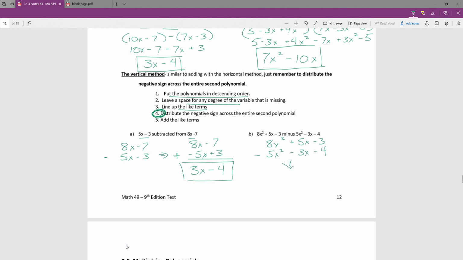So I take and rewrite it as an addition question, which is essentially distributing that negative sign through the second polynomial here. And then it's really just adding vertically. They're all lined up as like terms. But regardless, you'd get to the same answer.